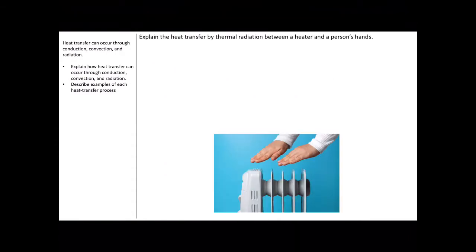As an example of how to explain this type of heat transfer, you might be asked to explain the heat transfer by thermal radiation between a heater and a person's hands. Before the heat is even transferred, electrical energy is transferred to the metal element of the heater.